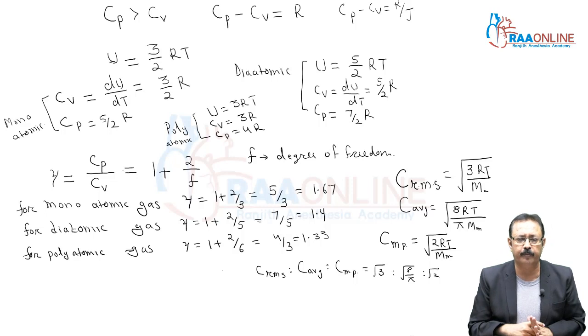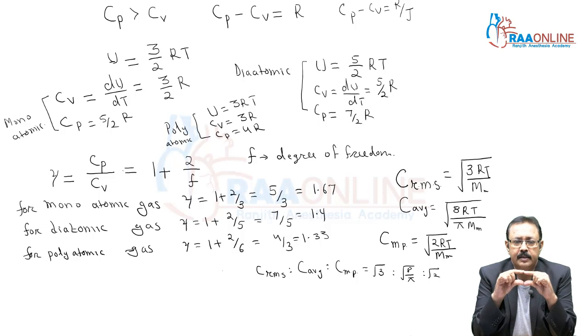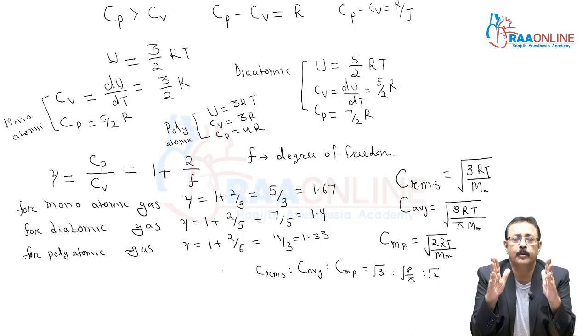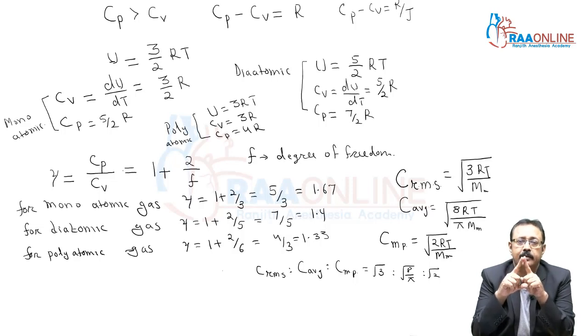So now any type of problem they can mix. Keep in mind what is Cp and Cv. They can make tough problems on this topic. You know what is gamma? Gamma is Cp upon Cv. They can put two gases in one container and ask, now calculate gamma for this mixture. Then you have to calculate Cp and Cv for the mixture, then only you can get the ratio. How to get Cv for the mixture?